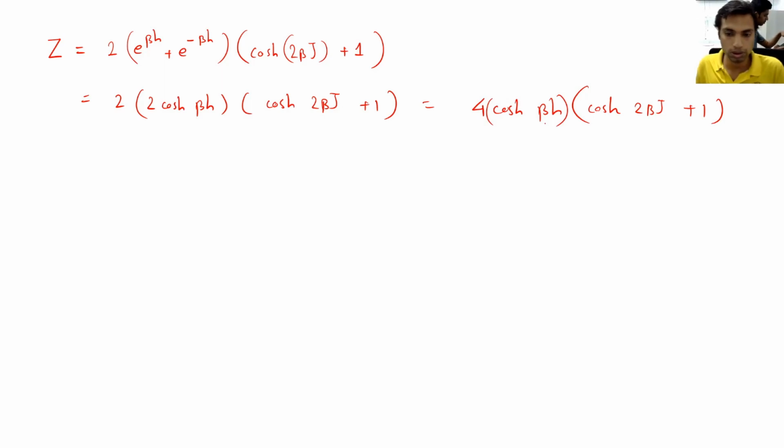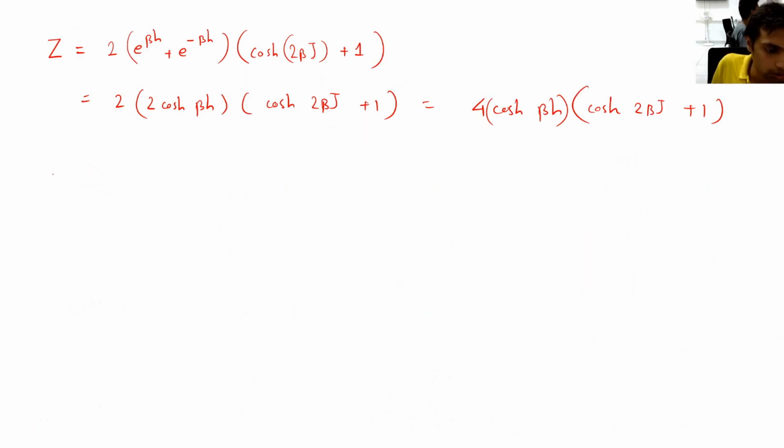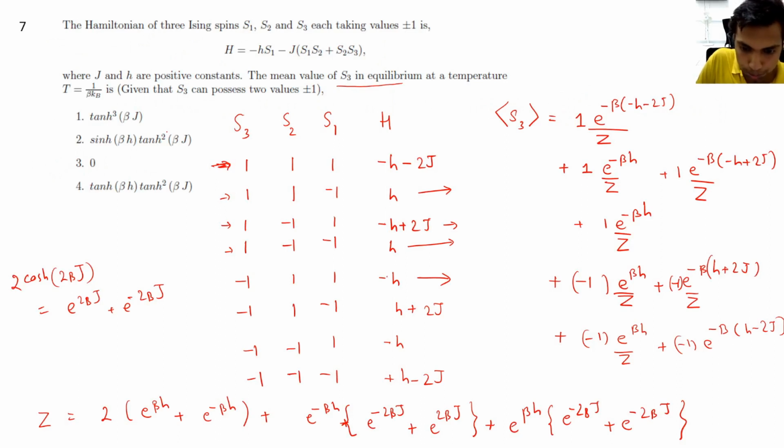Okay, so now let us look at the numerator of this. So the numerator is given by, or that is basically your spin, expectation of the spin is equal to 1 over z times, so I'll just write down the terms. So if you just follow, you can follow from this expression here.